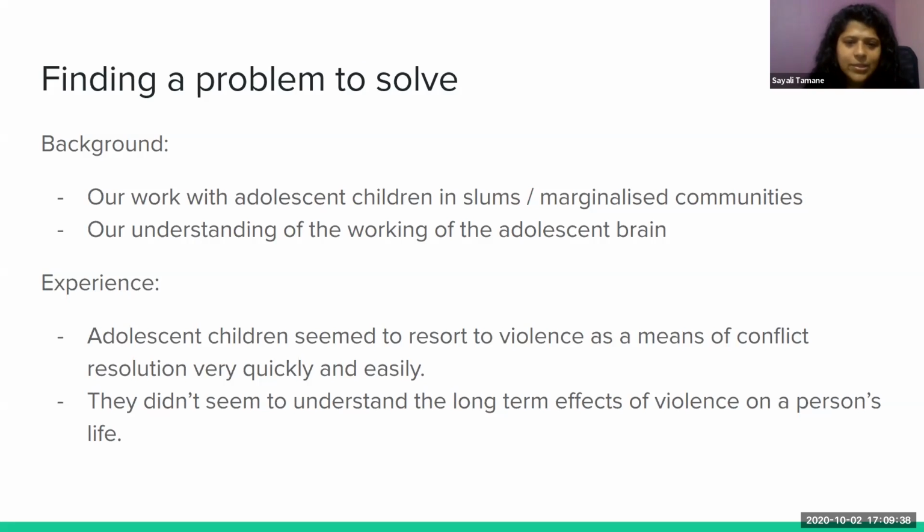So this was our background, and our experience was that the adolescent children very quickly resorted to violence as a means of solving conflicts. And we could also see that when we understood the working of the adolescent brain.